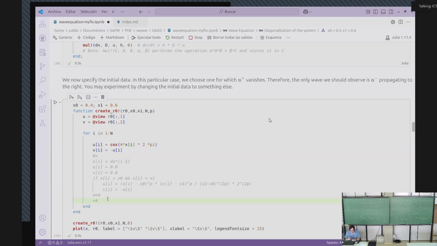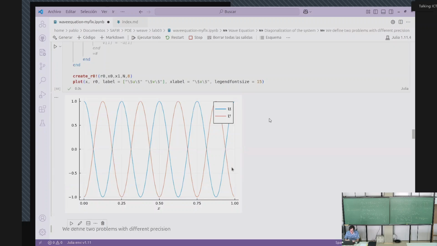We will use a different initial data where we have a cosine defined on this region. So this will be the equation that we want to solve right now. Not this bump, but this cosine here.